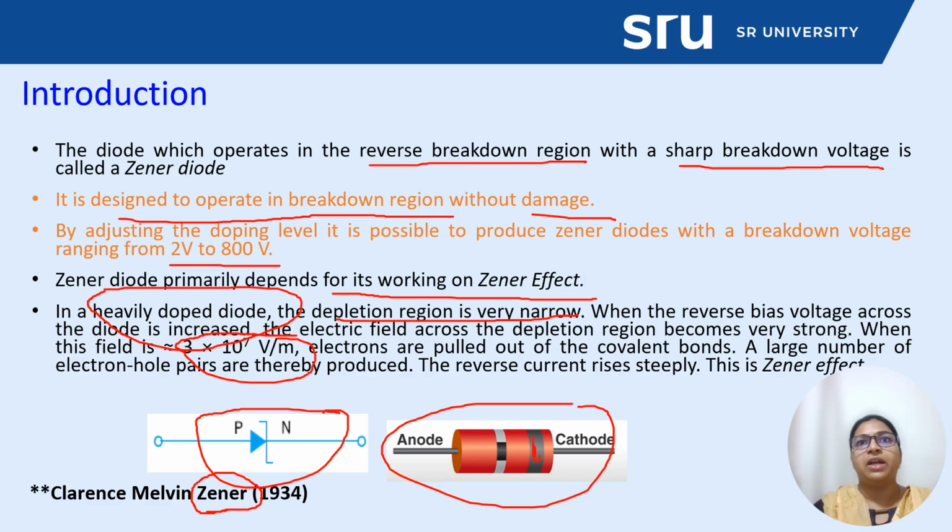Generally a normal diode is not operated in the reverse bias condition, but the Zener diode is specially manufactured for reverse biased operation. Zener diode is mostly used in electronic devices like computers, laptops, etc. It is a basic component of electronic circuits.